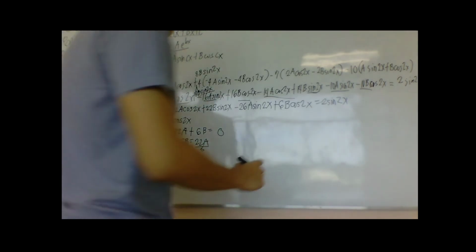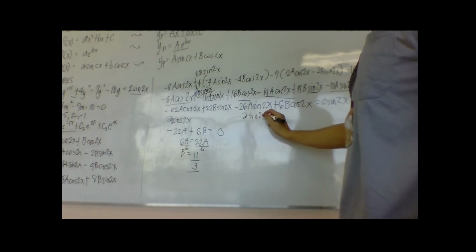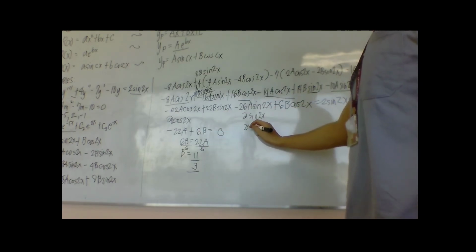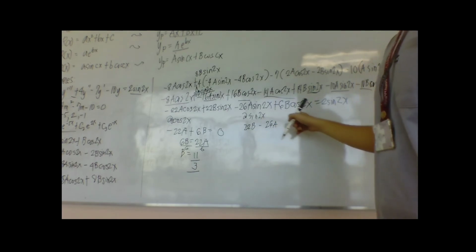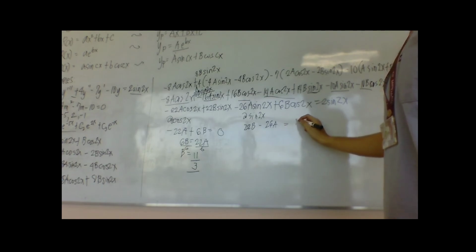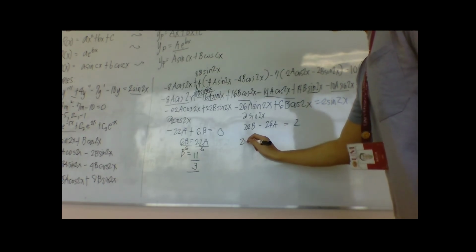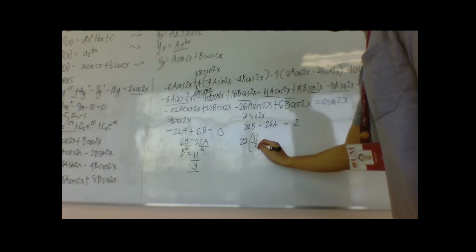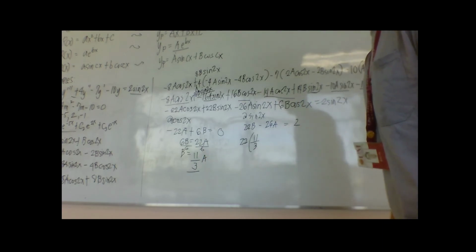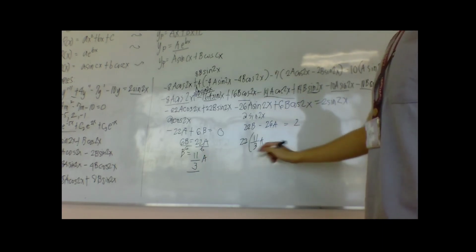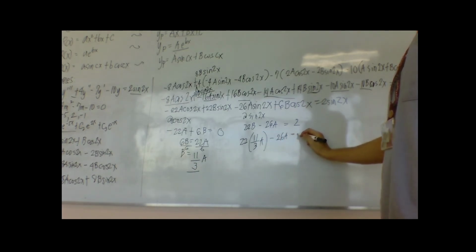Okay? And then at sine 2x, we have 22b minus 26a is equal to 2. Okay? So we have 22 times 11 over 3a minus 26a is equal to 2.